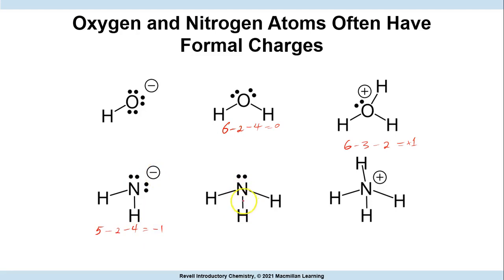Here for this nitrogen in the compound in the middle, we have 5 minus 3 for the bonds, minus 2 for the unshared electrons, that gives 0. Here in this last structure, we have 5 valence electrons minus 4, which are the bonds. We have just 4 bonds, that gives us plus 1. So we have positive.